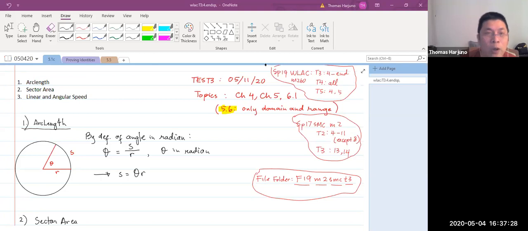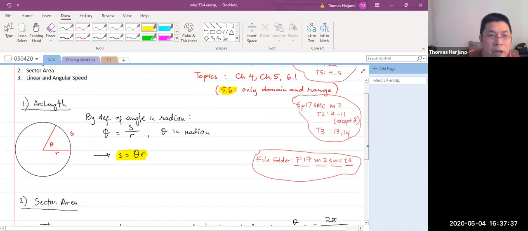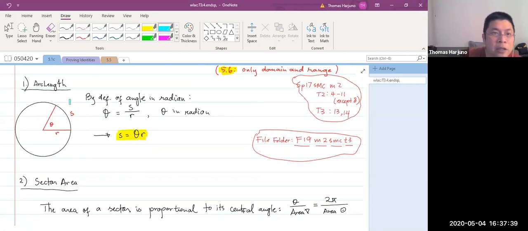Okay, that's the formula. Let me mark it. Of course, you need to memorize this too. And then for sector area, what is a sector? A sector is this region here, the pizza.